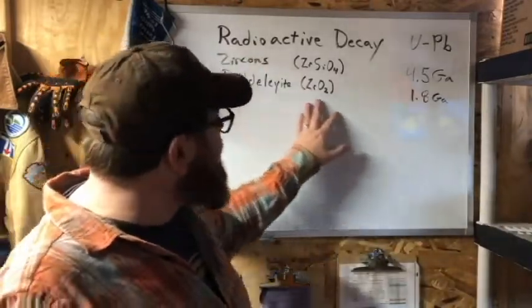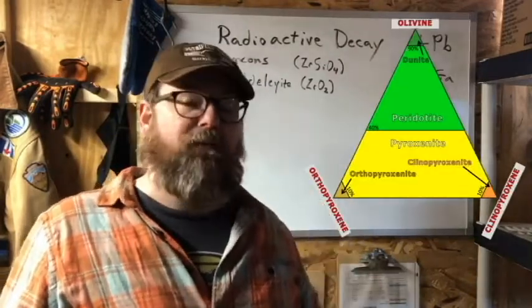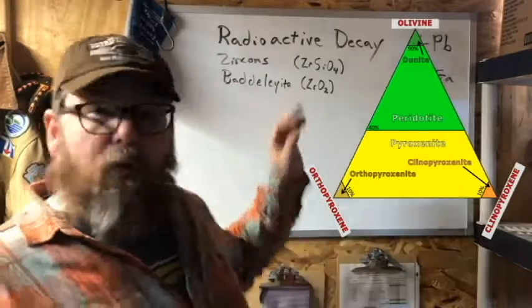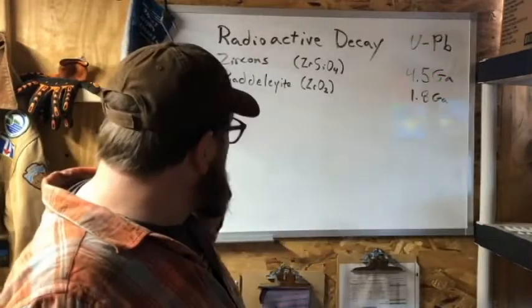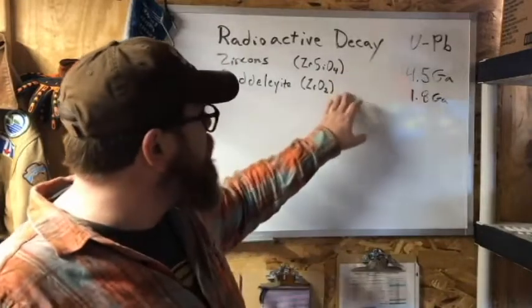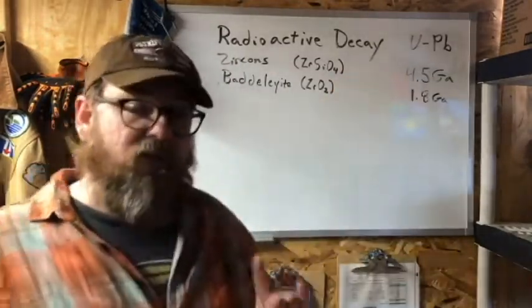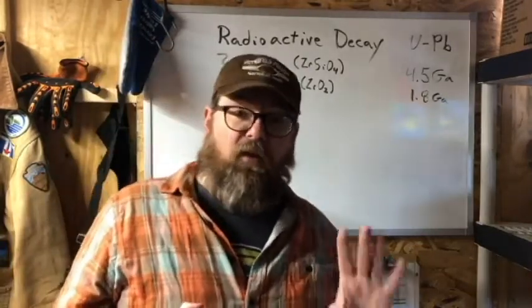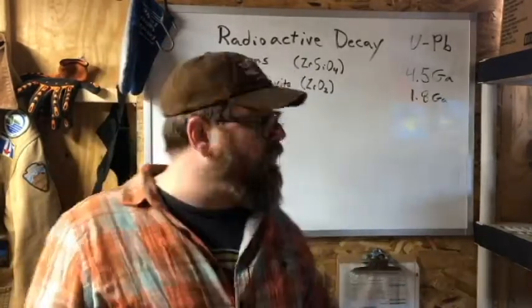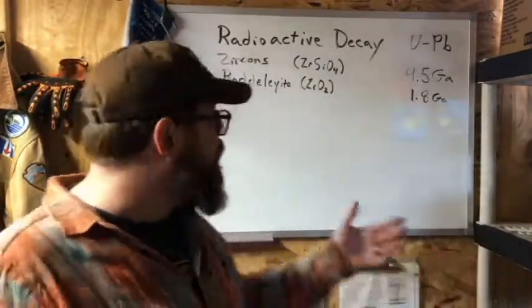And we use baddeleyite for ultramafic rocks and more mafic rocks, like peridotites and lamprophyres, things like that. The reason why we use these different ones, I need to touch on real quick. I've actually done a whole video on this, so I'm not going to beat it too much. Baddeleyite will form at high temperatures like peridotites will, okay?